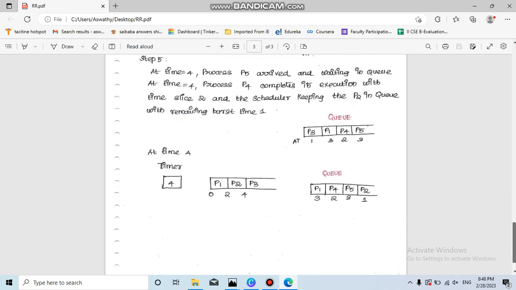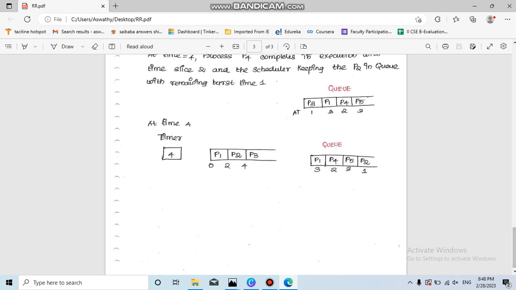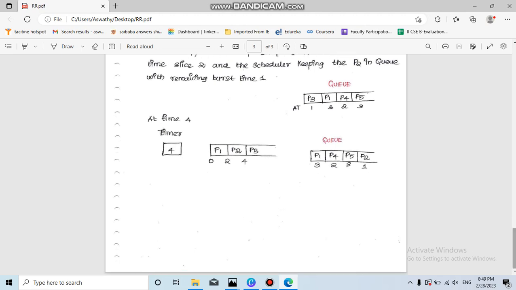So P2 will be added at the back of the queue. At time 4, all the processes have come inside the queue, so they will execute one by one. P2 has finished its turn and next P1 is waiting to get the CPU schedule for processing.